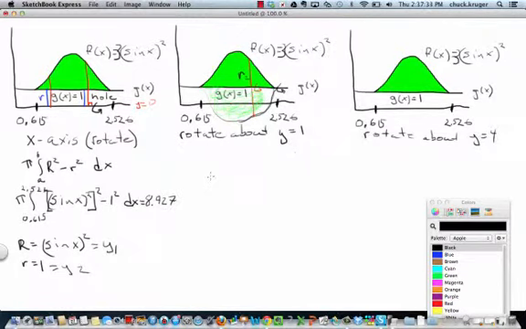I don't have a washer, and it's going to look like pi from A to B of r squared dx. So what is r in this case? Well, r is going to be the top curve, 3 times sine of x, that quantity squared, minus 1, the difference between those two. Okay, from this spot to this spot right here.